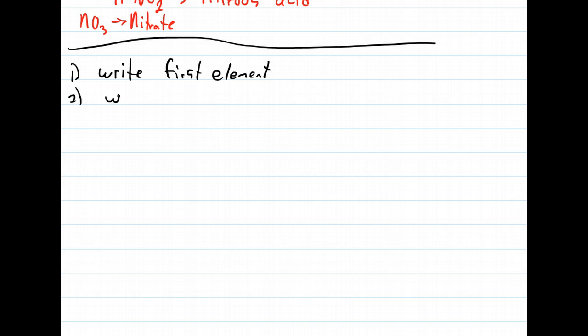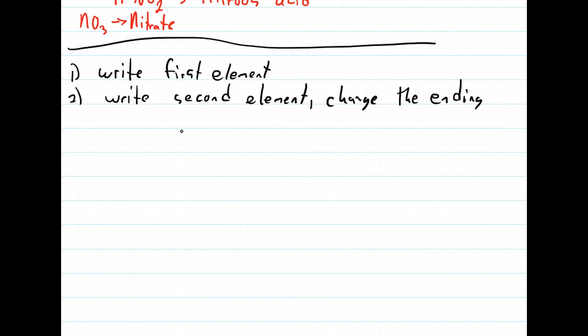Second, we write the second element, but just like before with the ionic bonds, we change the ending to ide. So we get oxide, iodide, fluoride, all that kind of stuff.